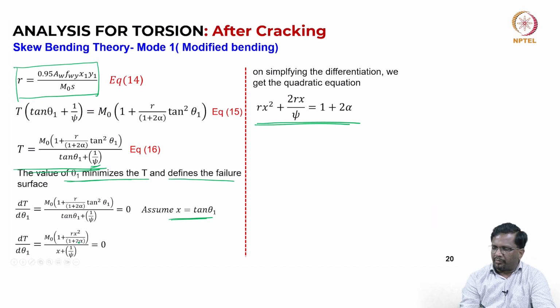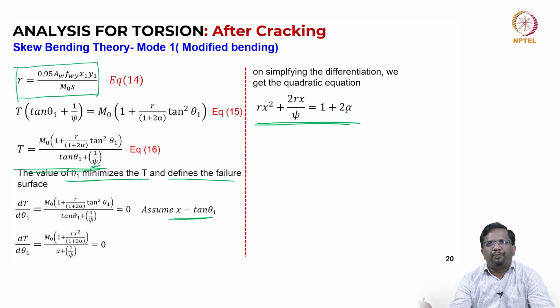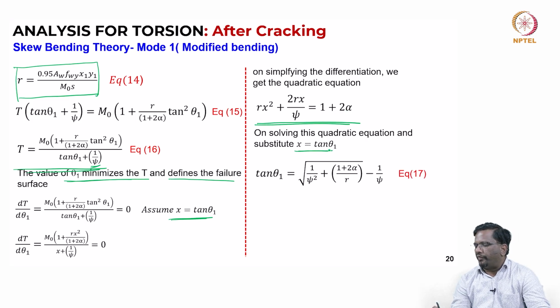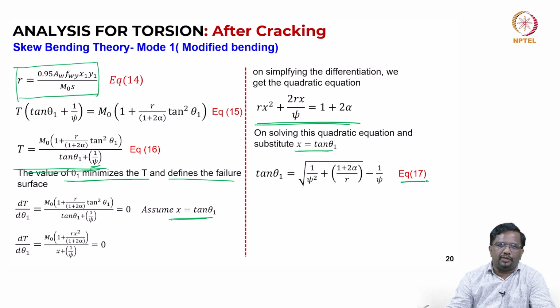So, r x square plus 2 r x by psi is equal to 1 plus 2 alpha, and on solving the quadratic equation, and putting x equal to tan theta 1, you can find an expression for tan theta 1 in this form, equation 17.